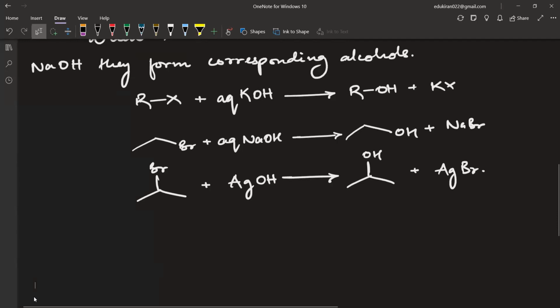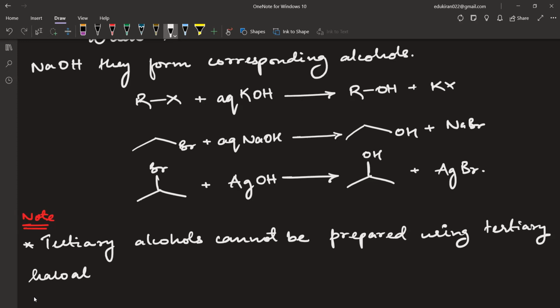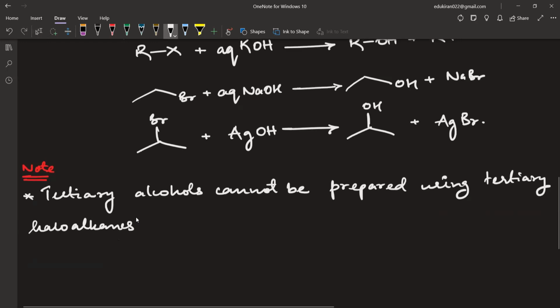You will write this is important: tertiary alcohols cannot be prepared using tertiary haloalkanes. Why?